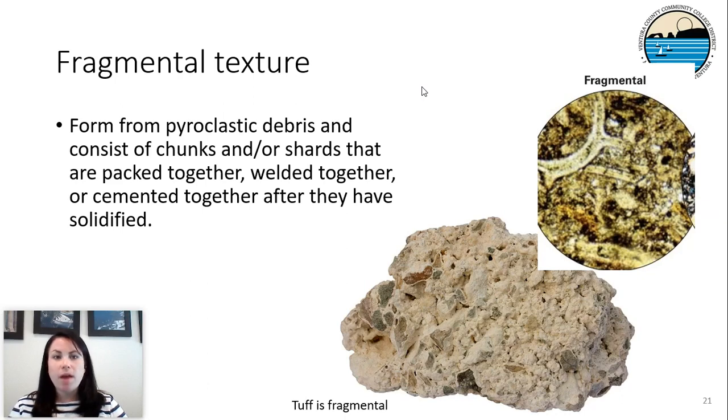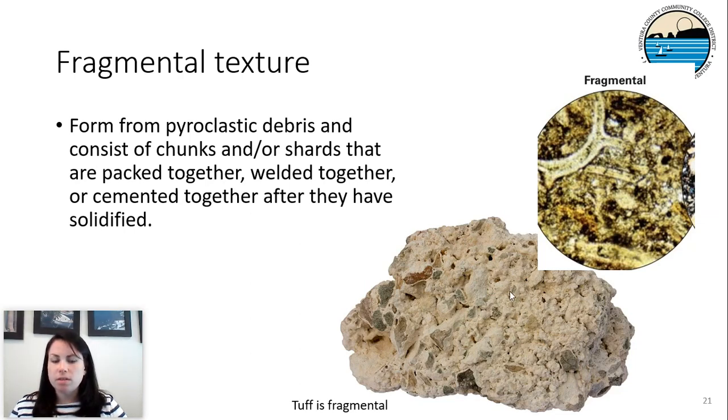Okay, so we talk about fragmental texture. This is formed from pyroclastic debris and consists of chunks or shards that are packed together. They can also be welded together or cemented after they have solidified. An example of this is tuff, and you can see how it has these larger chunks right here that are then forced together or cemented together after it has solidified.